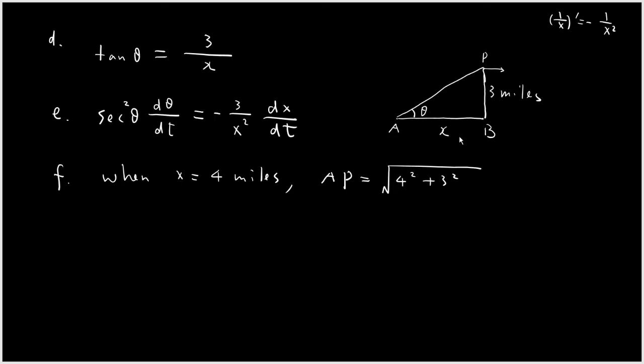The two legs are, the height is 3 miles and x is 4 miles, so the distance between A and P is 5 miles.